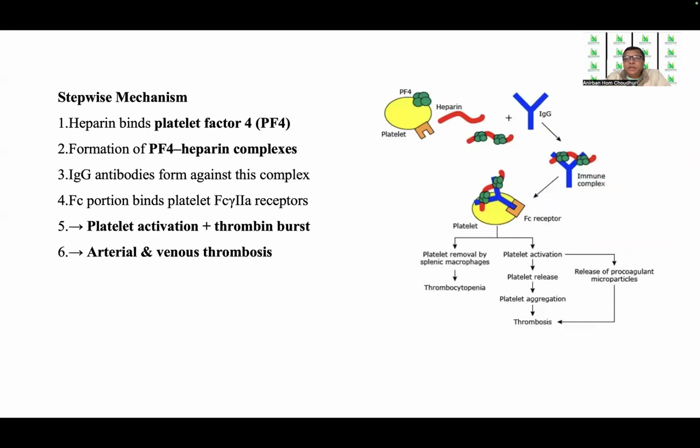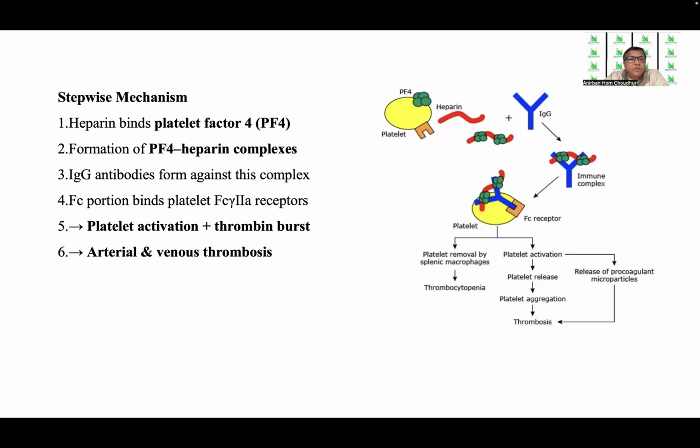So when we think about heparin-induced thrombocytopenia, we have to know the mechanism by which heparin causes this. Heparin binds to platelet factor 4, and there is formation of platelet factor 4 and heparin complexes. And as you can see, IgG antibodies are formed against this complex.